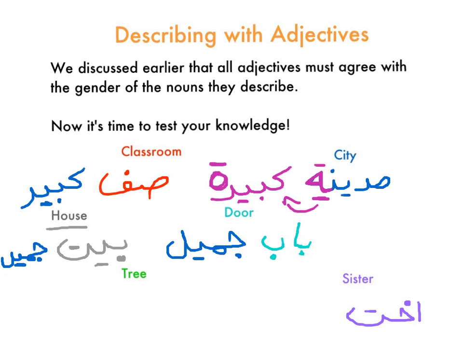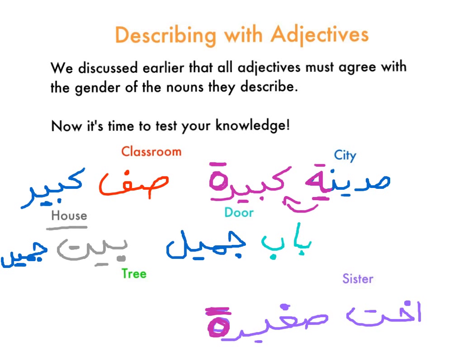So if you want to say little sister, we say ukht saghira, saghira with ta marbuta at the end, which indicates the feminine form. Other words which are inherently feminine and don't have ta marbuta are like mother.